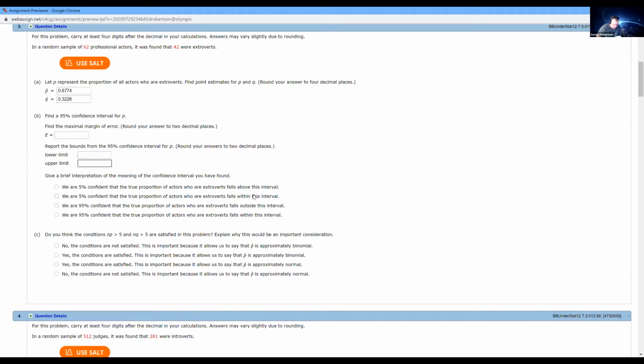And then I'm hitting calculate. And the answer that I'm looking for, the small number, is 0.5611. And then for the upper limit, it's going to be 0.7938.